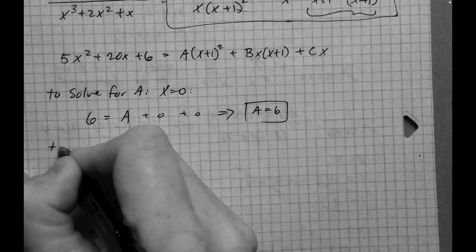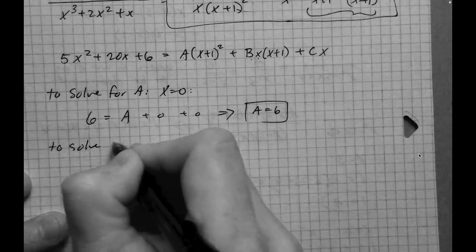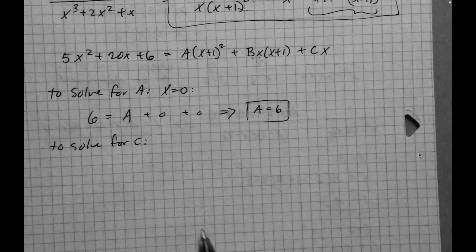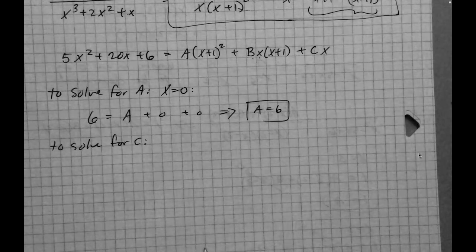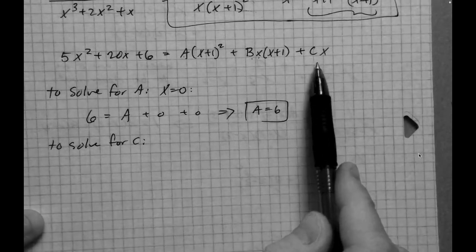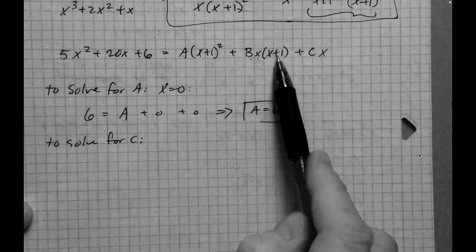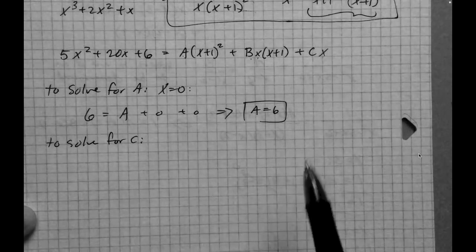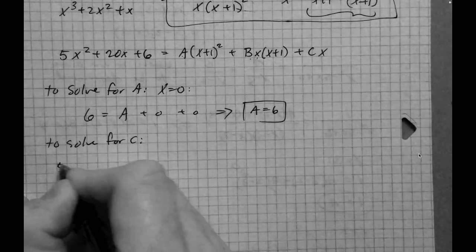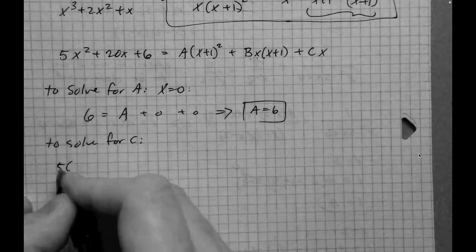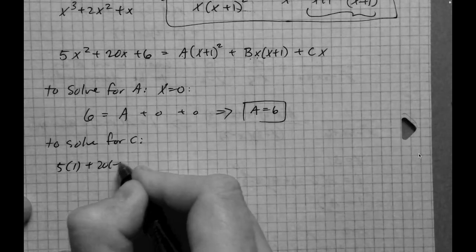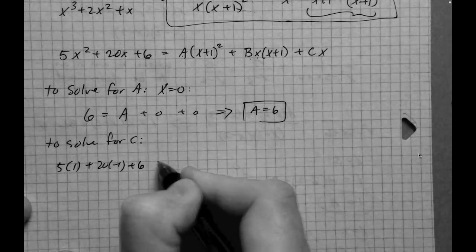Let's go for C next. To solve for C, what can we do? We could let x equal -1. If we let x equal -1, then this will go to 0, and that'll also go to 0. It's going to be a little more noise on this side, but that's okay. So we'll get 5 times -1 squared, which is 1, plus 20 times -1, plus 6.